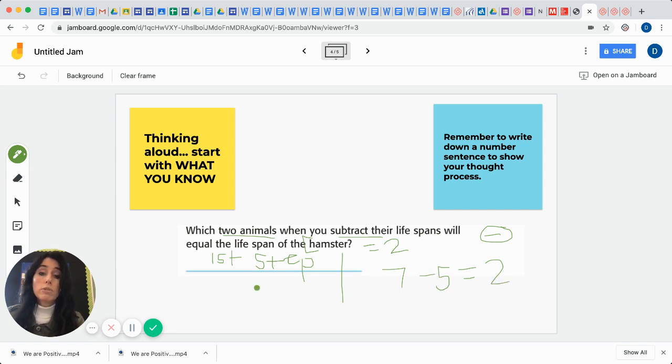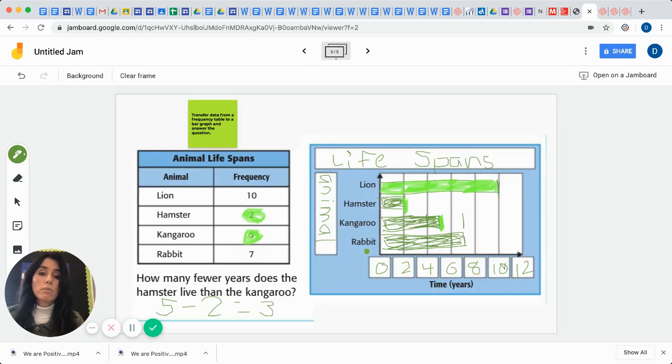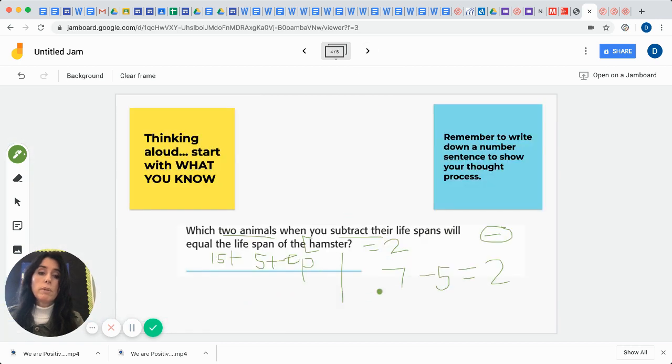Well, then I'm going to need to write the animals down. So again, what did we say? You need to double check. It's the kangaroo and the rabbit, or the rabbit and the kangaroo. I'm going to write rabbit first because 7 represents the rabbit. So I would say rabbit.